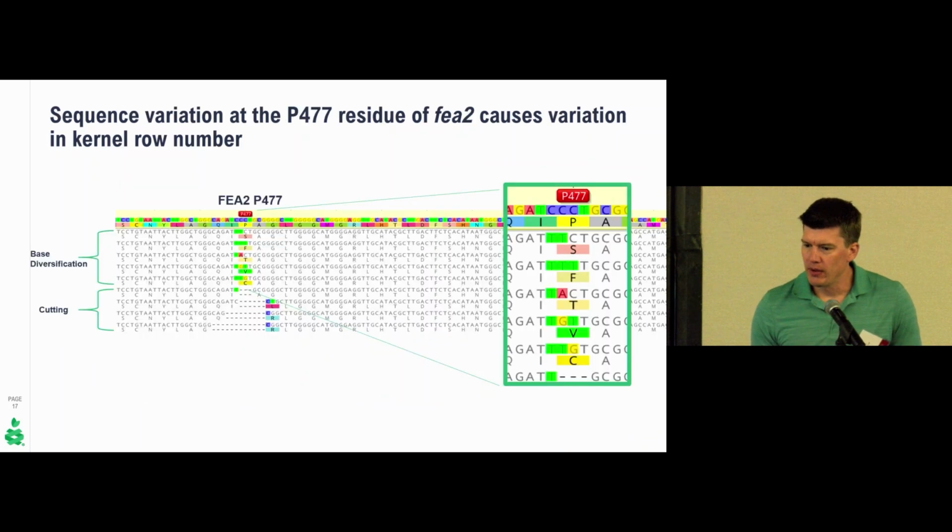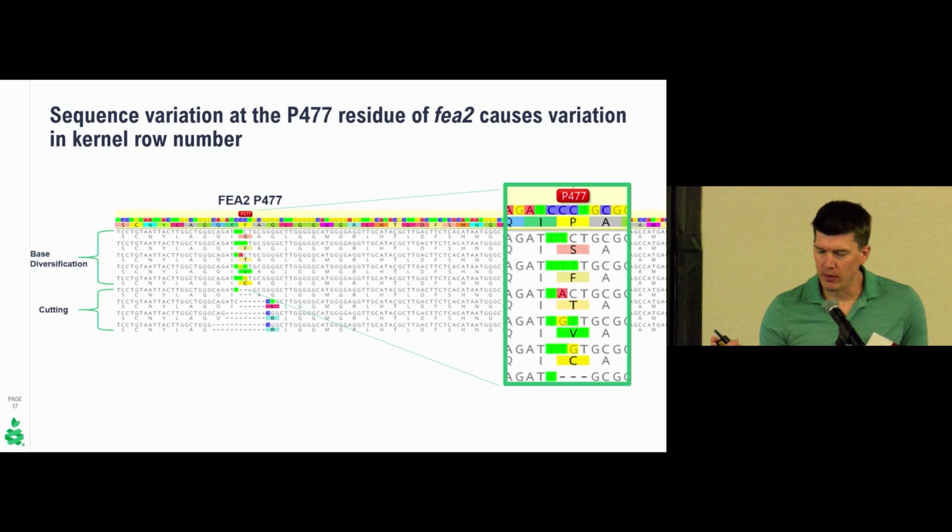So we used our base editing toolbox to create a series of amino acid substitutions at that same position, and you can see that there in detail. And then we also used our cutting tools to create a small series of in-frame deletions at the same location.